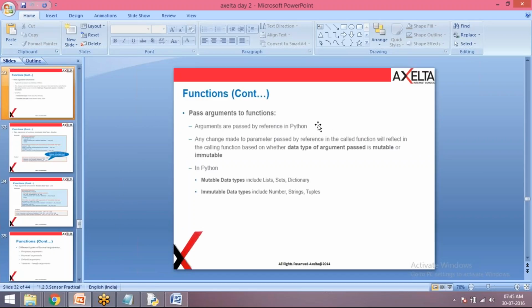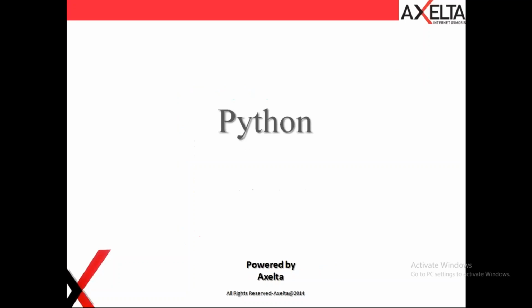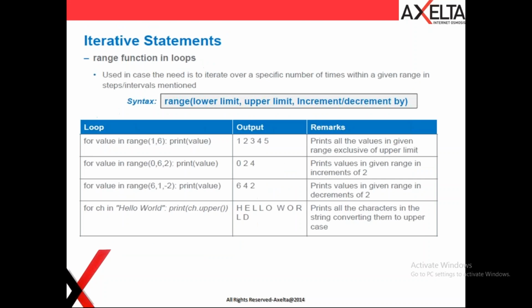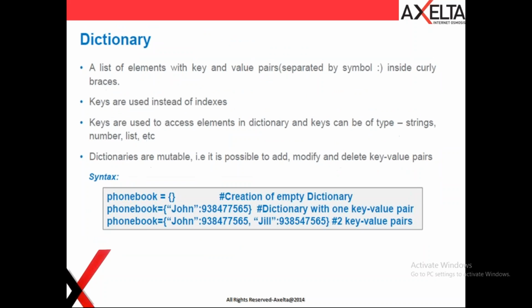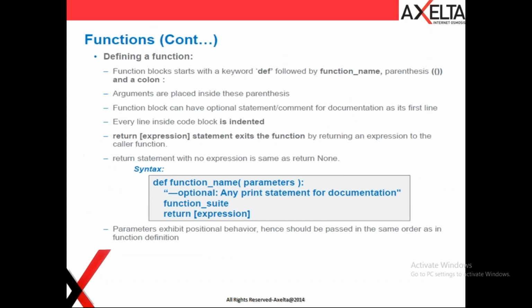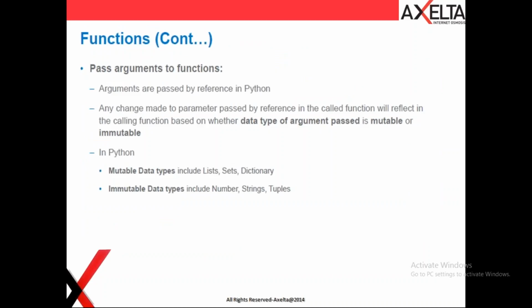So that is the reason whenever you are passing arguments to a function in Python, all the arguments are passed using call by reference. Whatever information you pass to the function, everything will be passed in the form of call by reference only. Is it clear?